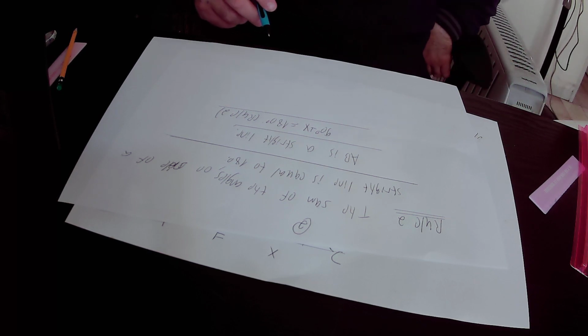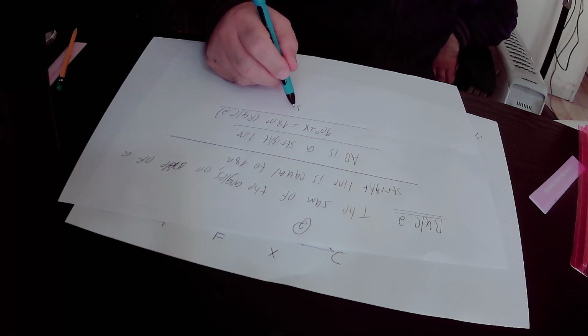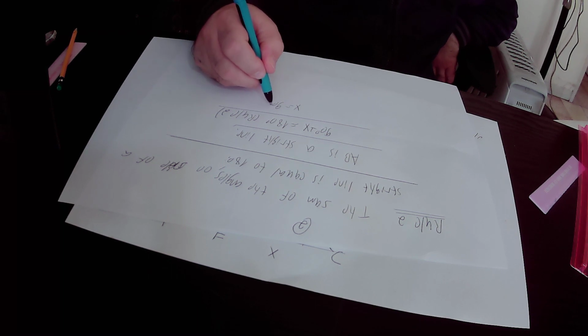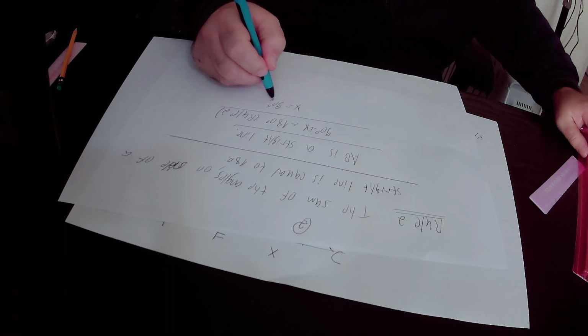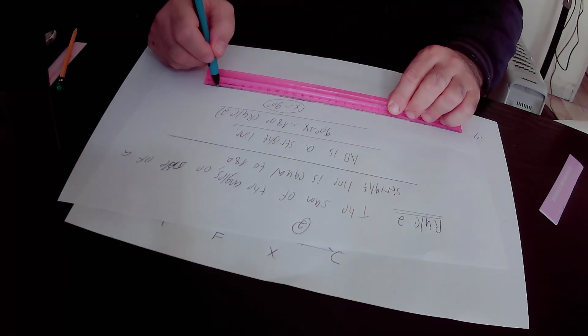We subtract 90 degrees from this equation, and we get that angle X equals 180 degrees minus 90 degrees, which is 90 degrees. So we found out that angle X is a right angle, it equals 90 degrees.